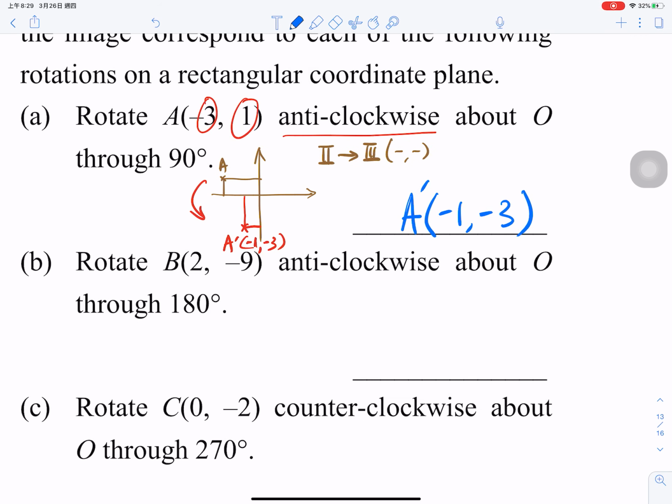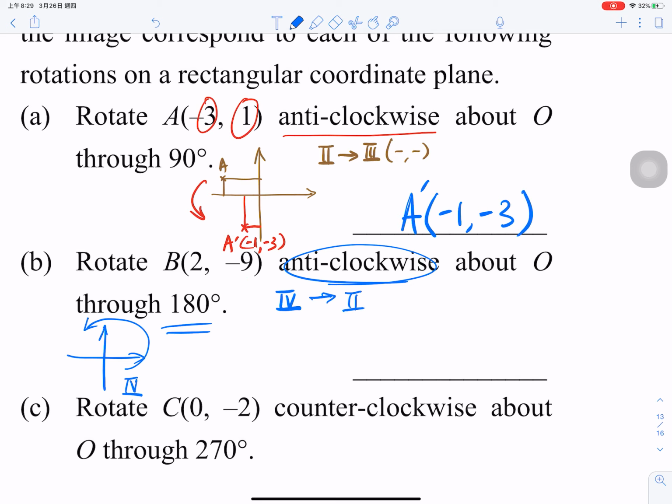Okay, think about part B: 2, -9, anti-clockwise through 180 degrees. 2, -9, where is it? Yeah, it's quadrant 4. Anti-clockwise about O through 180 degrees, so it goes to quadrant 2.